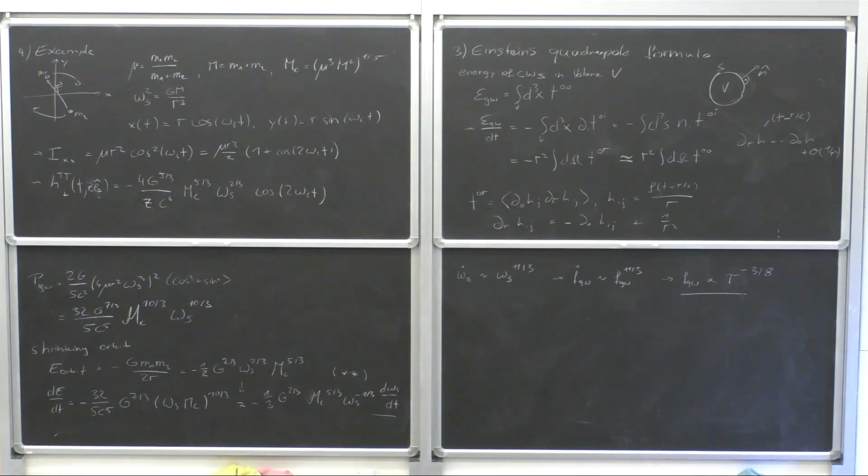One word of caution: as I said, we assumed early on that the velocity of the system is smaller than the speed of light. So this is all fine as long as the black holes don't go too close together. In the very last stage of the merger, all our approximations break down, because the speed of the black holes becomes close to the speed of light.